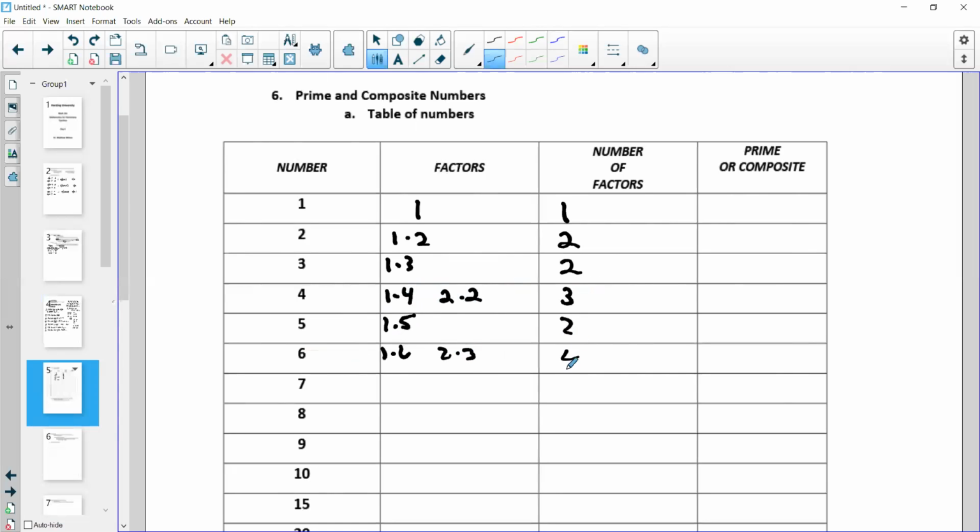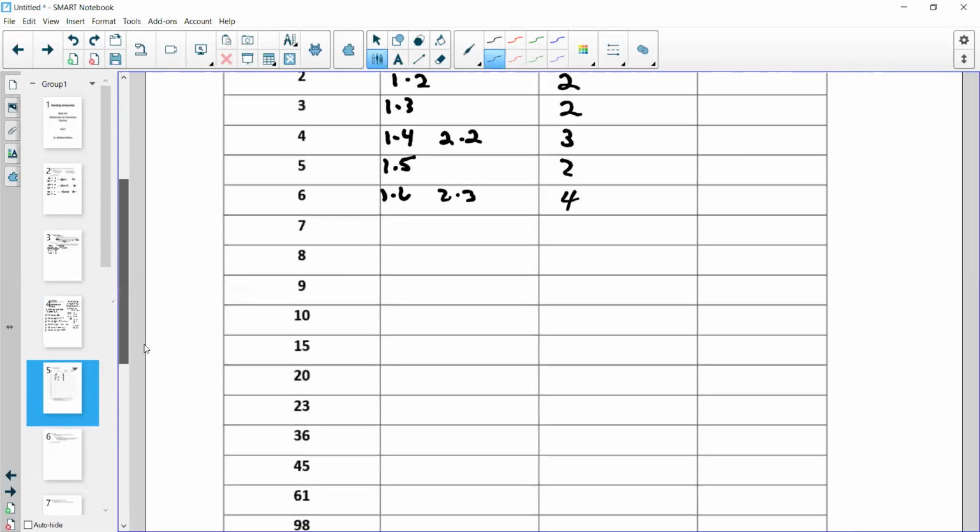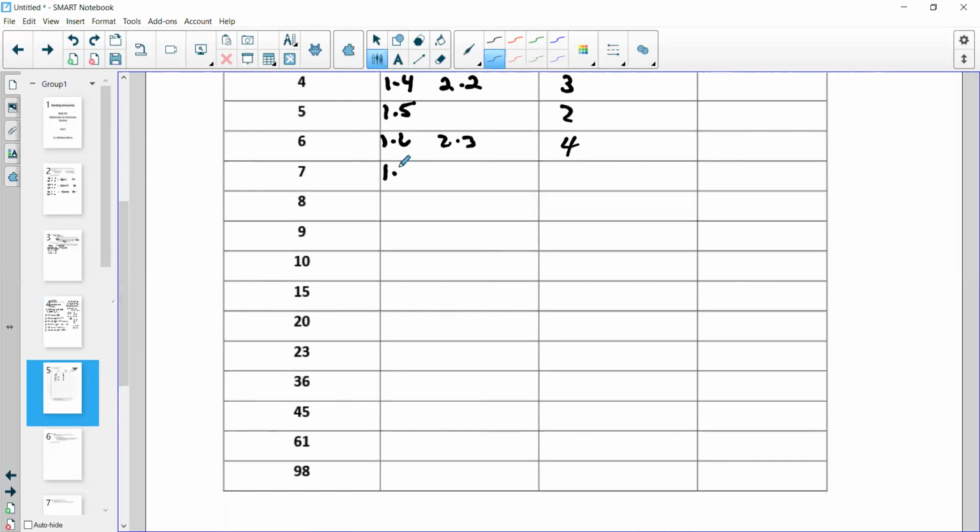So this one, we actually have 4 factors. 7, we have 1 times 7, so we have 2 factors. 8, we have 1 times 8 and 2 times 4, so we have 4 factors there. 9, we have 1 times 9, we have 3 times 3, so we actually have 3 factors here. 10, 1 times 10, 2 times 5, we've got 4 factors.